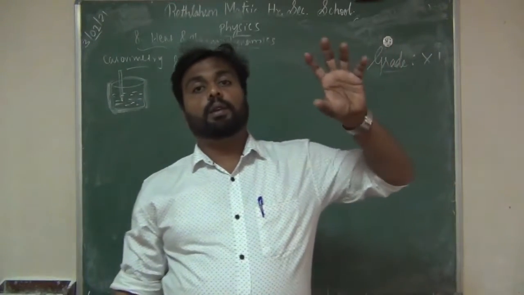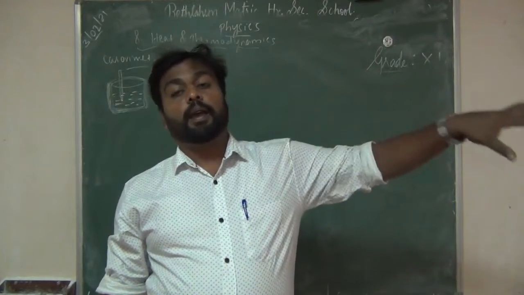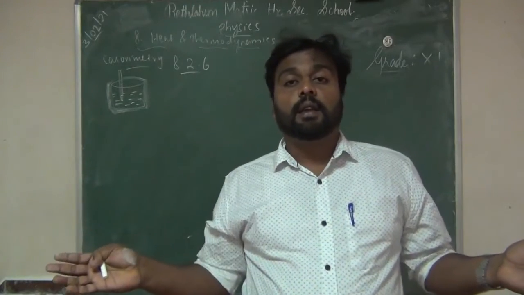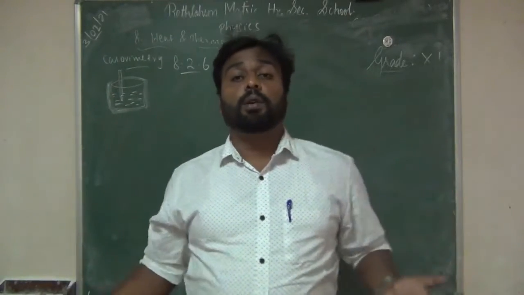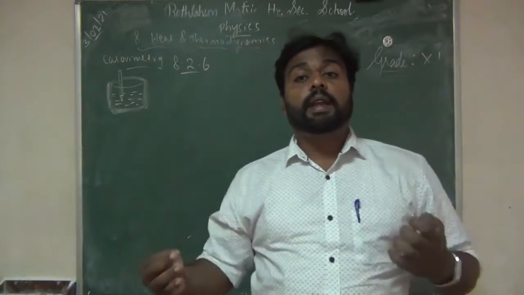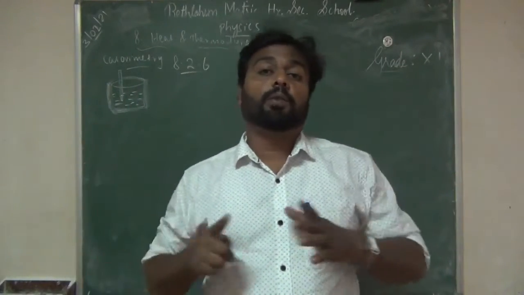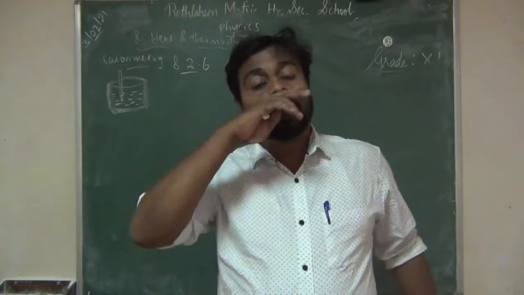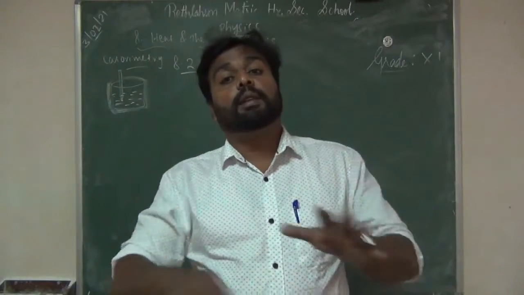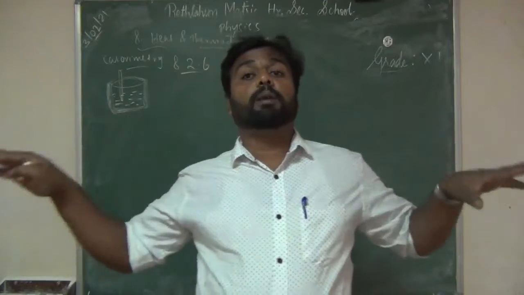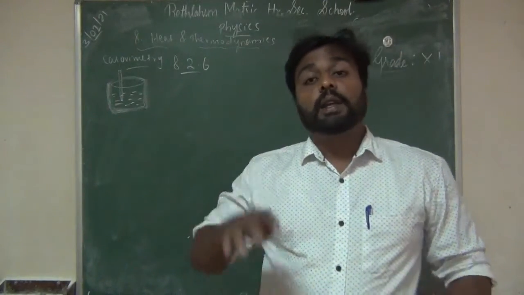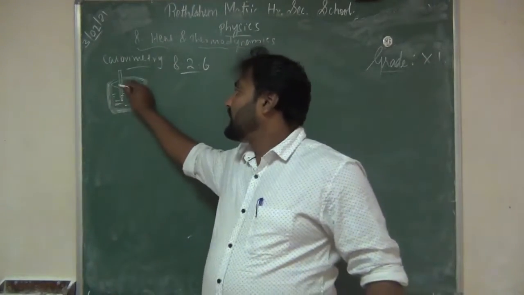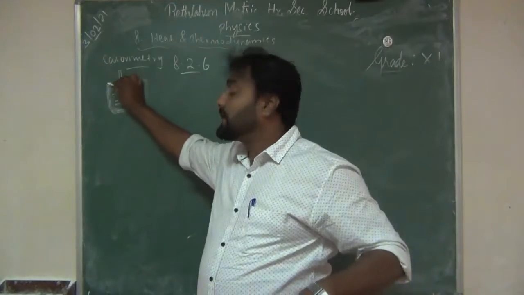So when a body of high temperature is brought near a cold body, some heat is lost from the hot body and that heat is absorbed by the cold body, so that the temperature of both bodies becomes the same. That is what is measured using calorimetry. And you can see a cylinder with water, and it is insulated.